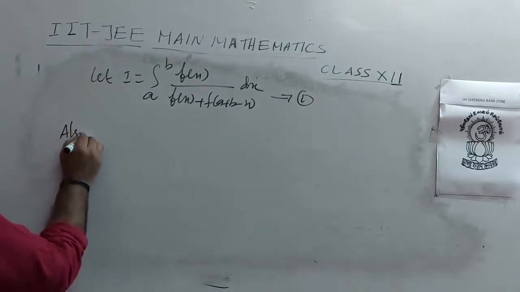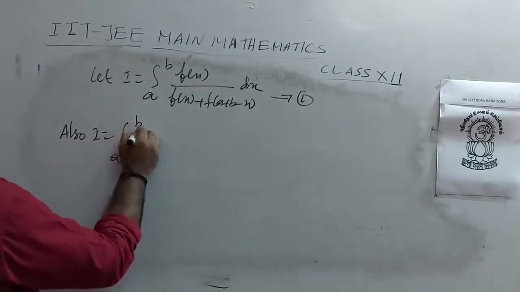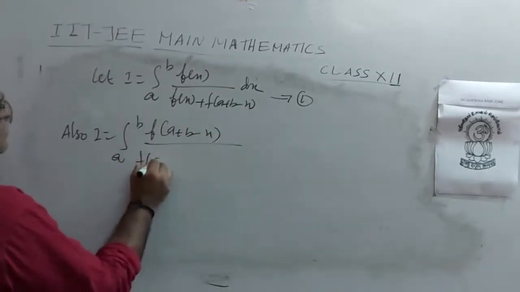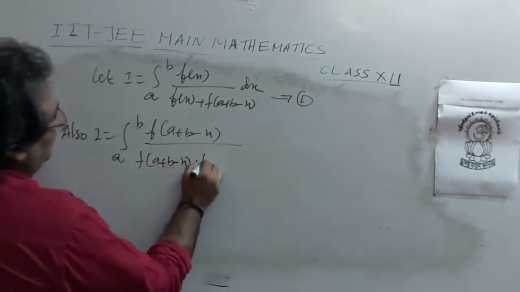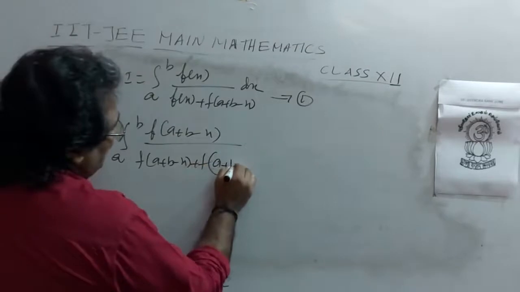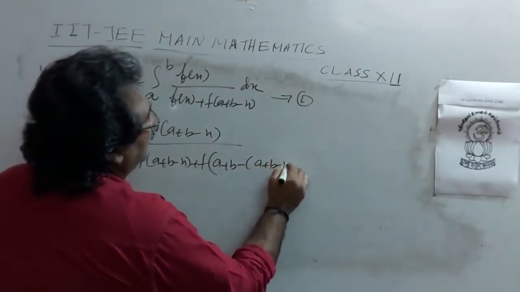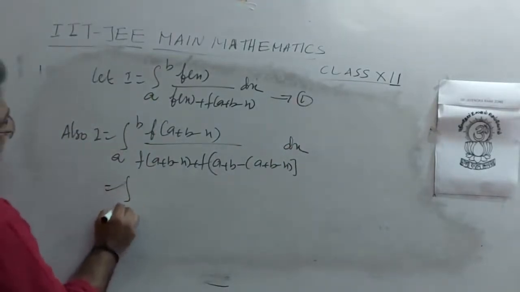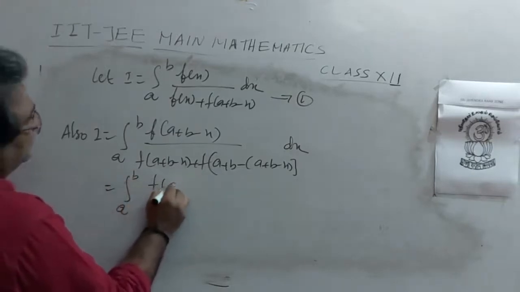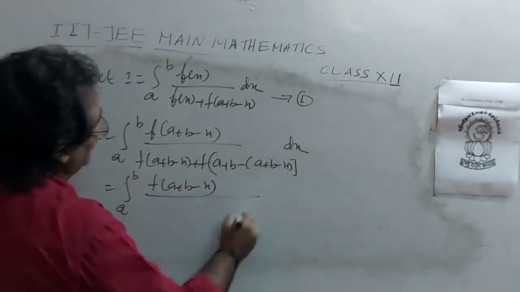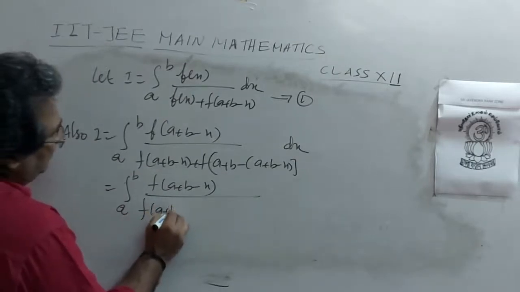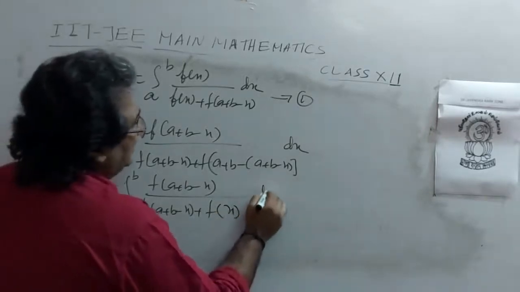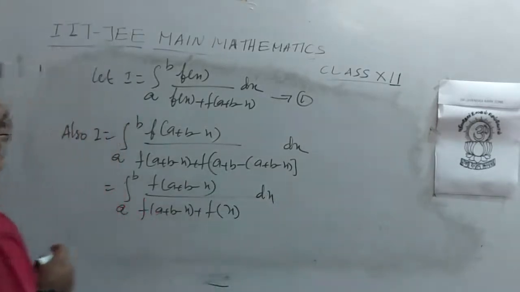Also, I equal to integral a to b f of a plus b minus x divided by f of a plus b minus x plus f of a plus b minus a plus b minus x dx, which simplifies to integral a to b f of a plus b minus x divided by f of a plus b minus x plus f of x dx.